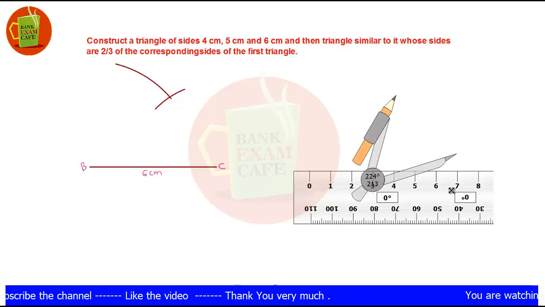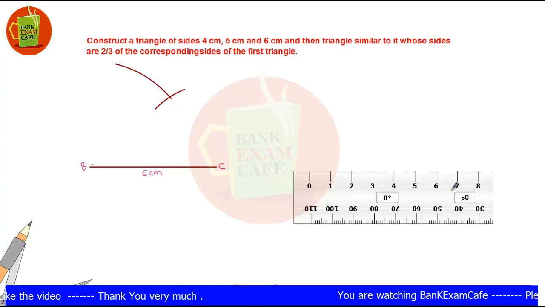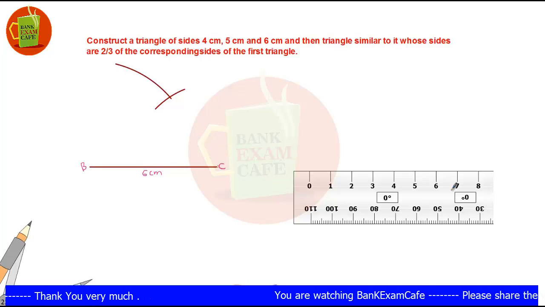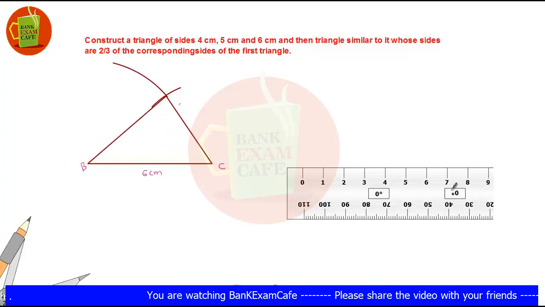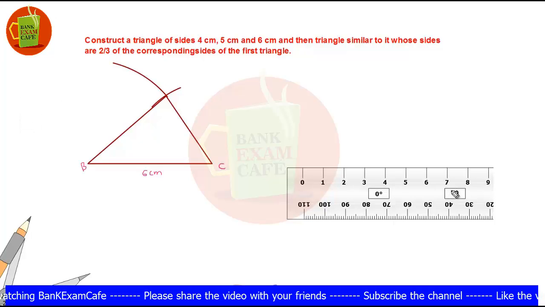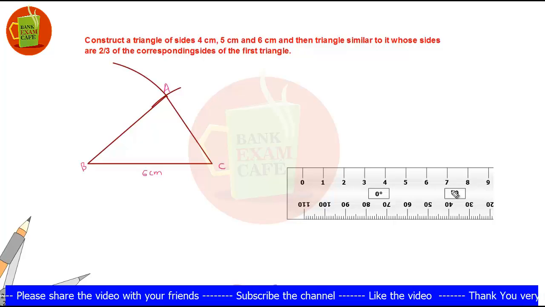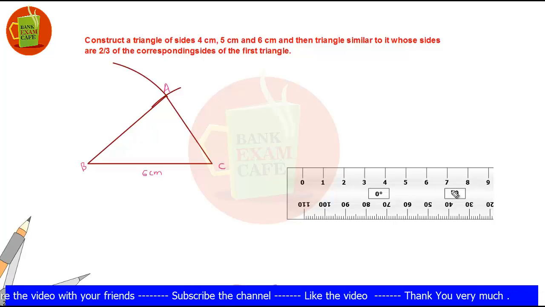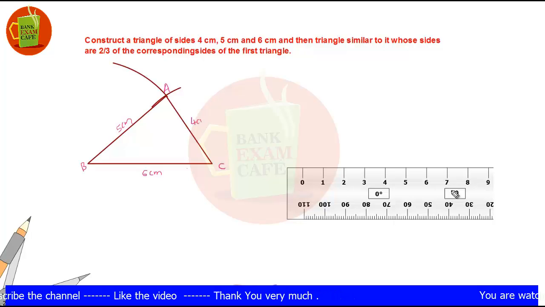And now join this point of intersection and B and this point of intersection and C. And this point will be point A. So this will be A. And this is the triangle ABC with the given sides 4 centimeter, 5 centimeter and 6 centimeter. This is 5 centimeter and this is 4 centimeter.